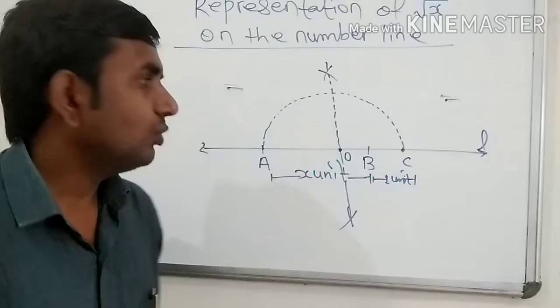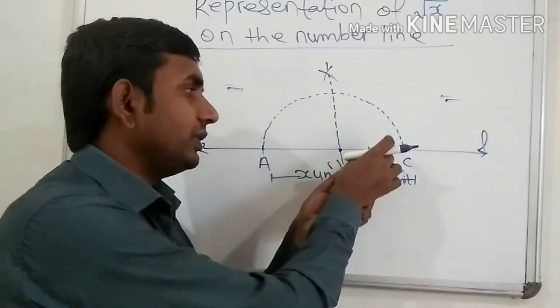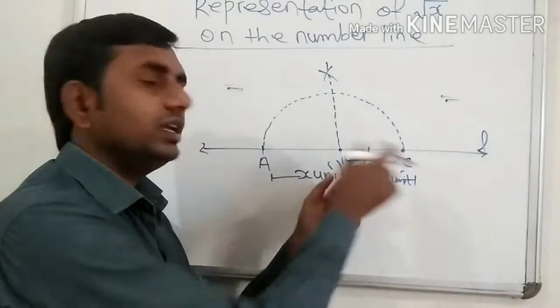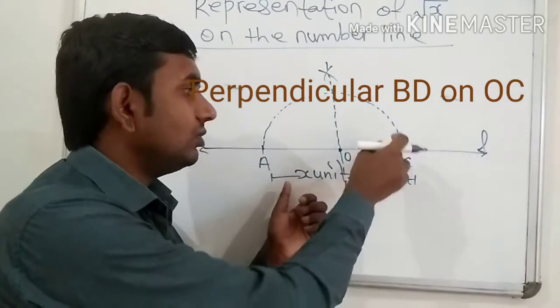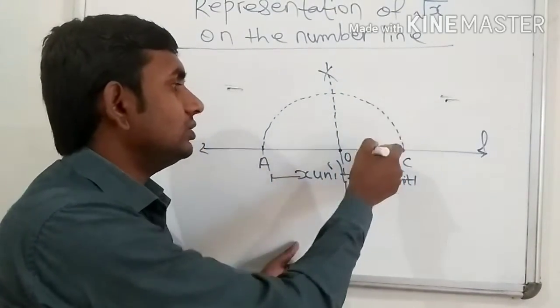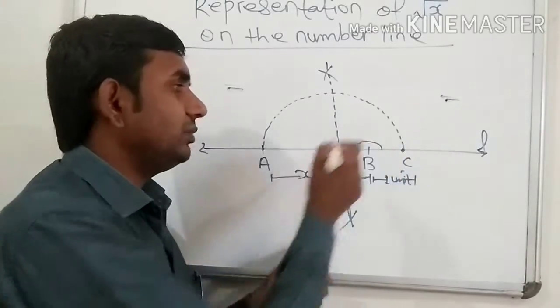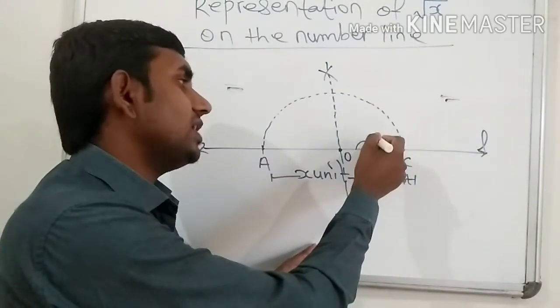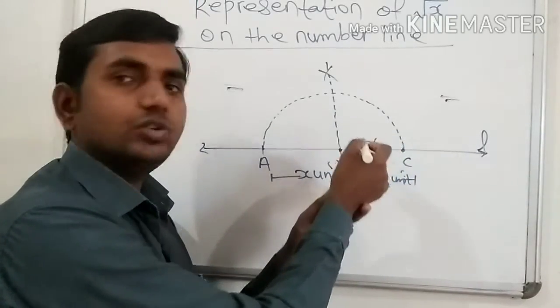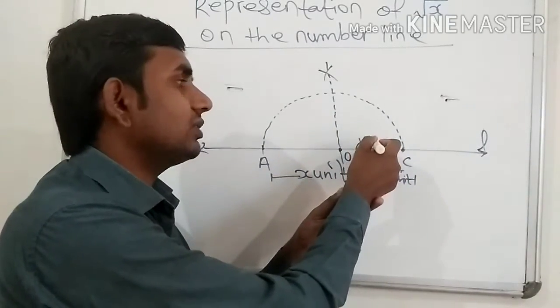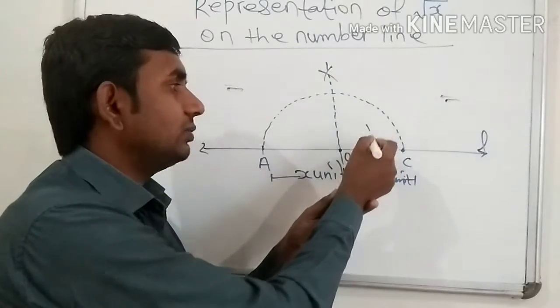Now we have to draw a perpendicular BD on AC. To draw the perpendicular, we take an arc and divide it; this angle is 60 degree, this is 120 degree, and next from this point we cut a point.